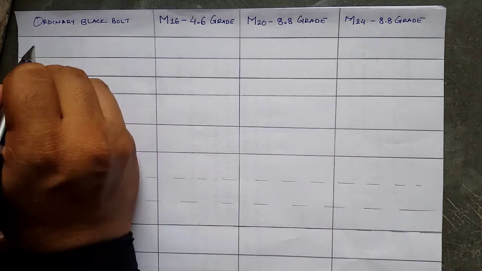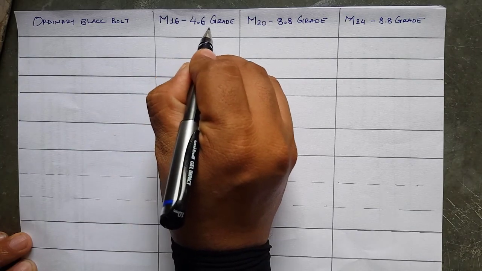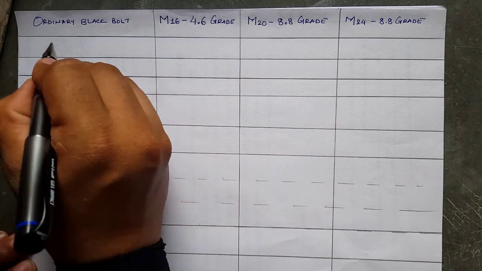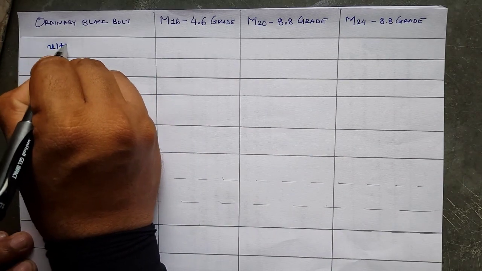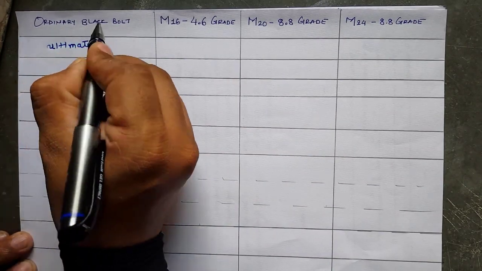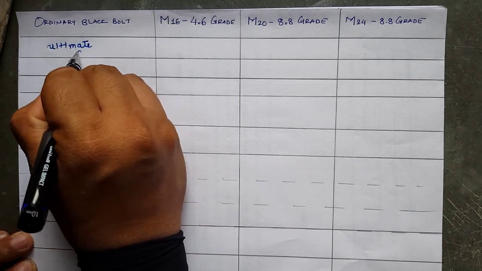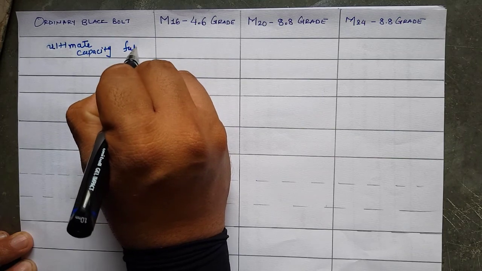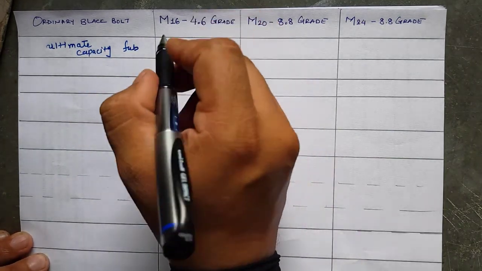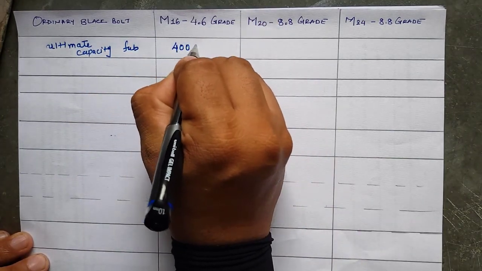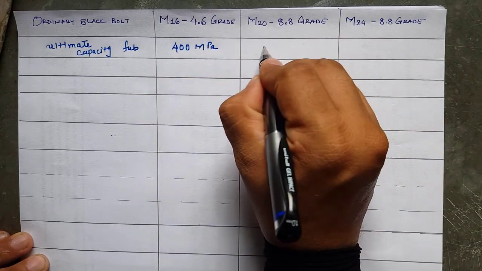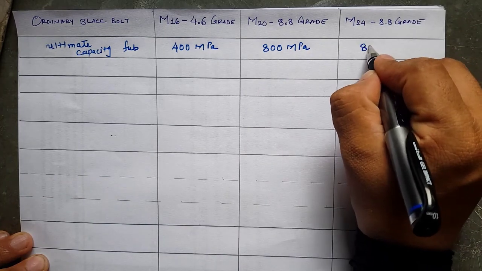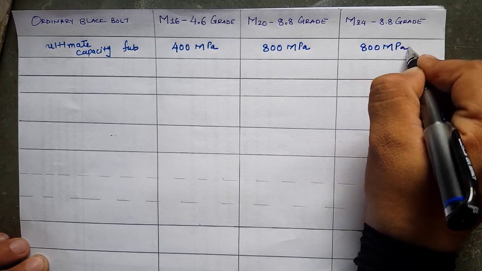The grade is given as 4.6, 8.8 and 8.8, so from the grade we can find out the value of ultimate capacity of bolt, which we indicate by FUB. For 4.6 it is 400 megapascal, for 8.8 it is 800 megapascal, and for 8.8 it is 800 megapascal.